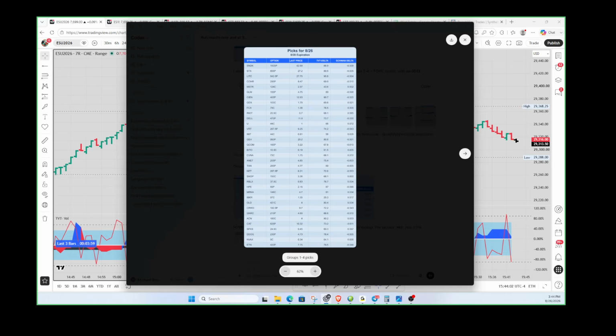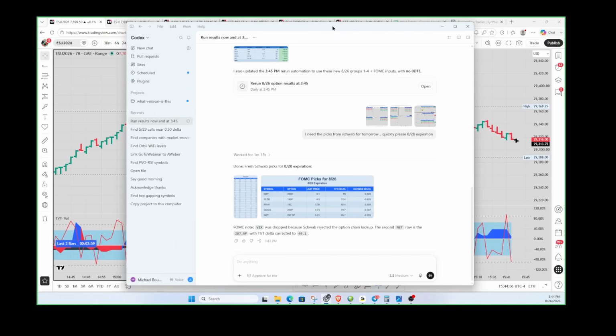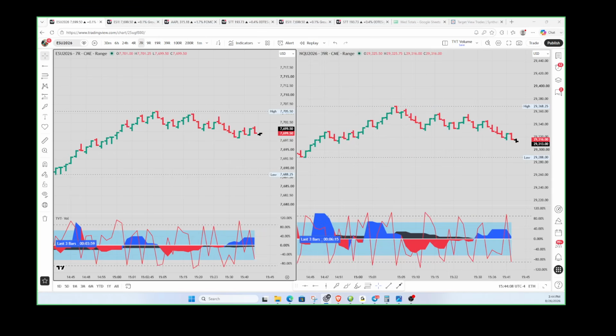To do that, I have to close this and copy this and stick it in the option channel in Telegram. Okay, picks for tomorrow, 8/27. Control V. It's that one, and the next group, guys, is right here.